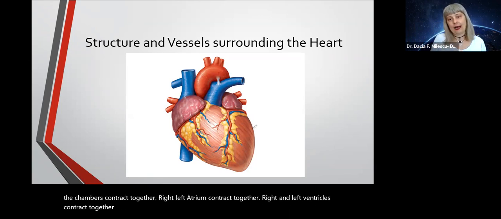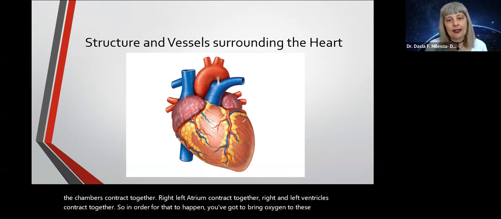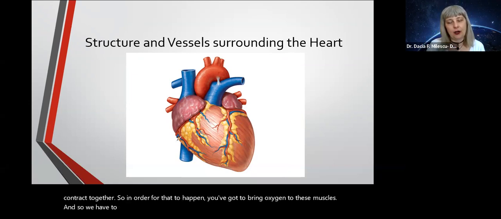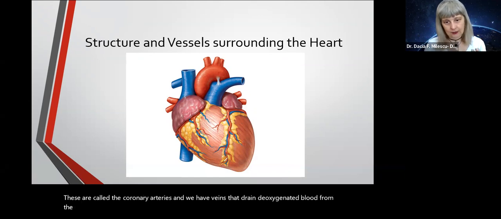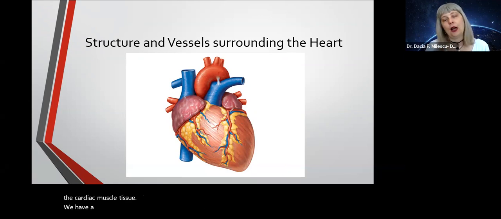So in order for that to happen, you've got to bring oxygen to these muscles. And so we have these arteries. These are called the coronary arteries. And we have veins that drain deoxygenated blood from the cardiac muscle tissue. We have a left coronary and a right coronary.